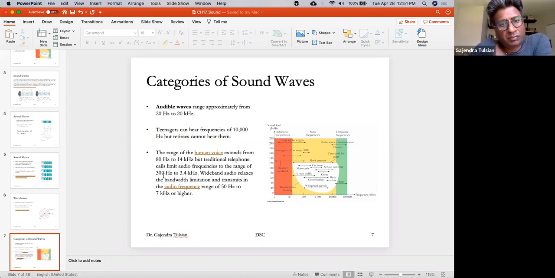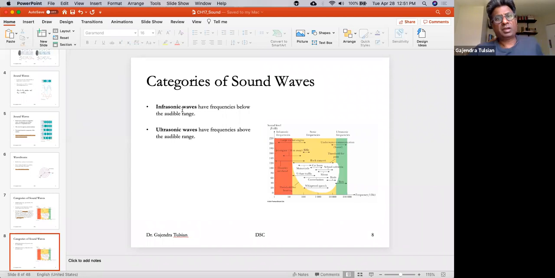Back in the days of low bandwidth, when bandwidth was expensive, telephones would limit to these ranges. But now with higher bandwidths available, you have wideband audio. And so nowadays telephones can emit a high range. But anyway, that's the human voice range.